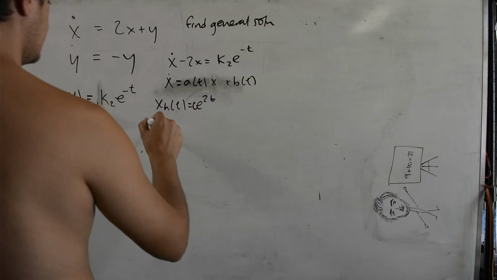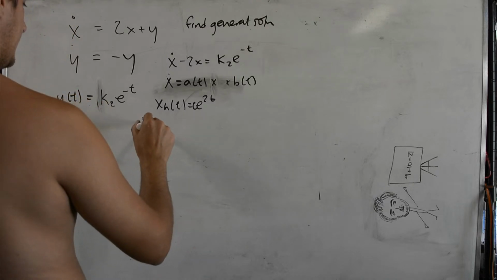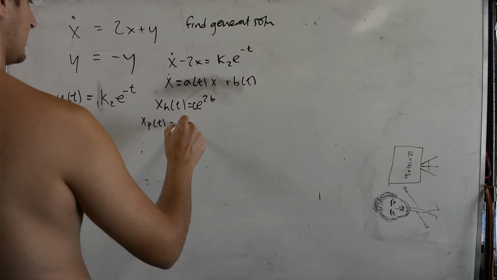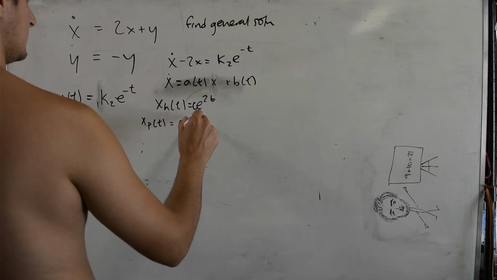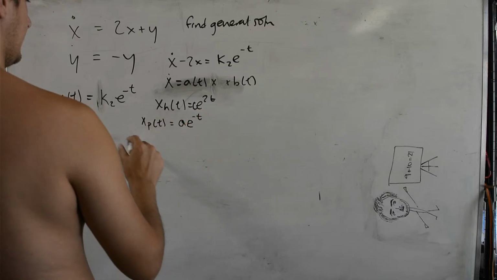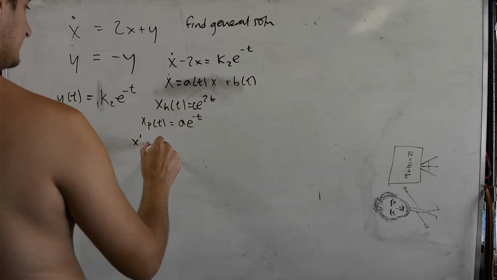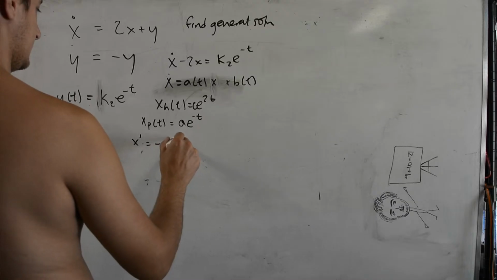To guess this, you say let xp of t equal some constant a times e to the minus t, and then you get x prime is equal to minus a e to the minus t.